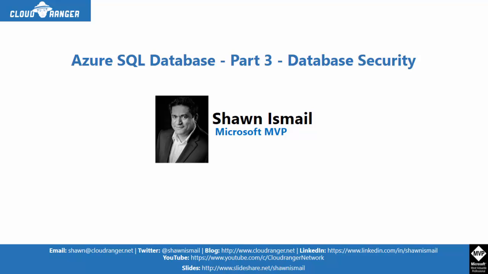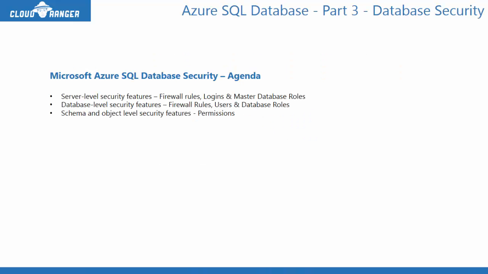What I'm going to do is have quite a bit of a demo in this session to get you started in this topic. So let's get started. Our agenda is that we are going to do this in multiple levels. First, a server level security features exploration, where we'll talk about the server level firewall rules, logins, and master database roles.